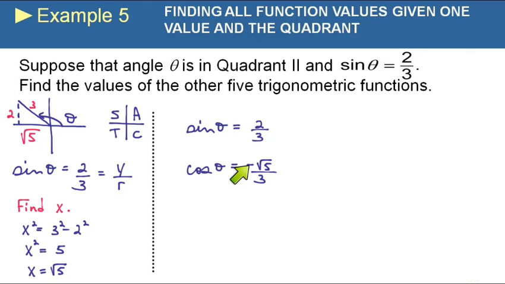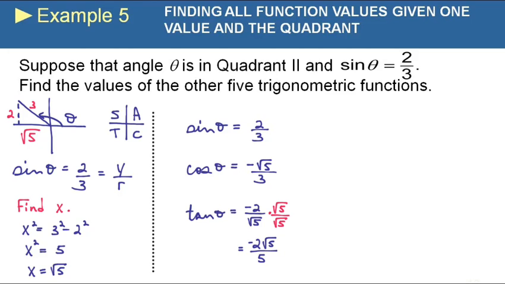So negative x over r. Tangent is y over x, and it's in the second quadrant where tangent is negative, so it's going to be negative 2 over square root of 5. But now with that square root of 5 in the denominator, that will have to be rationalized. So we'll have negative 2 square root of 5 over 5.